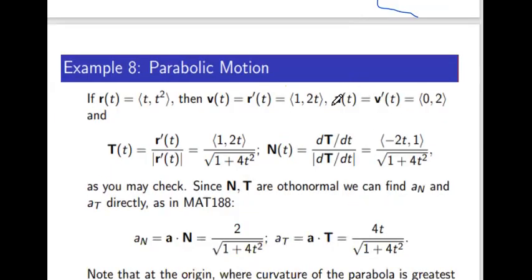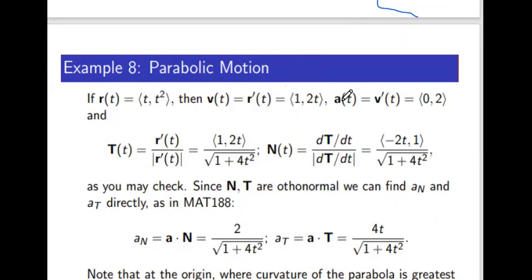So then you know the acceleration vector. If you want to find the tangential component, just take the dot product between acceleration and the unit tangent.